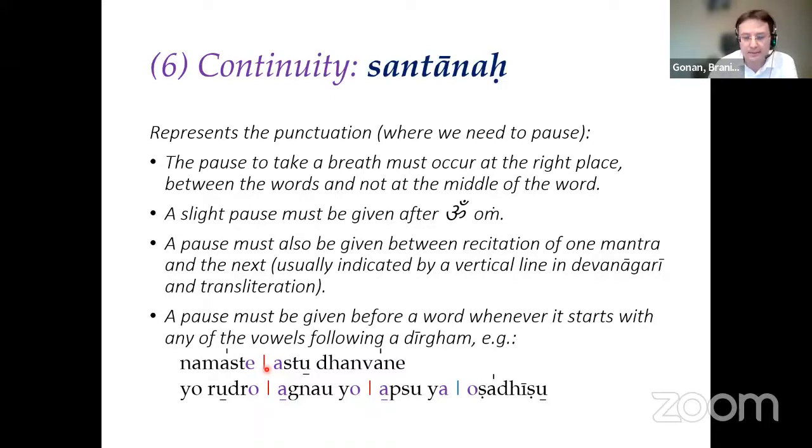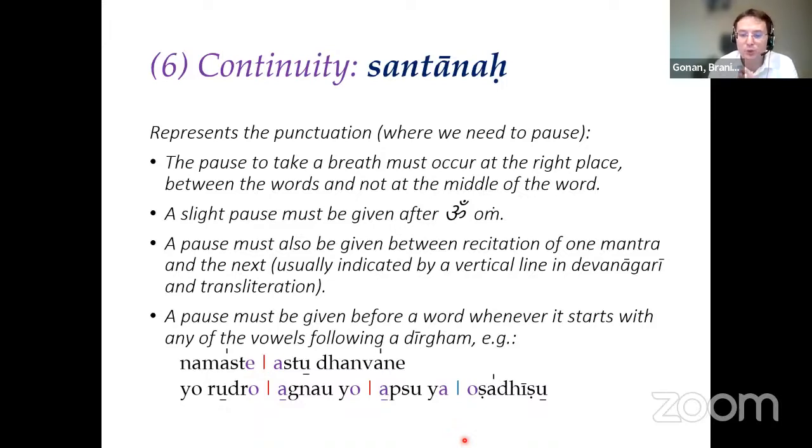So this is something that we just agreed to mark in our text, just for us to know that in these places we should take a longer pause, but in these places we are not actually taking more of a pause, but we are also not chanting like this: apsuyao, yao.